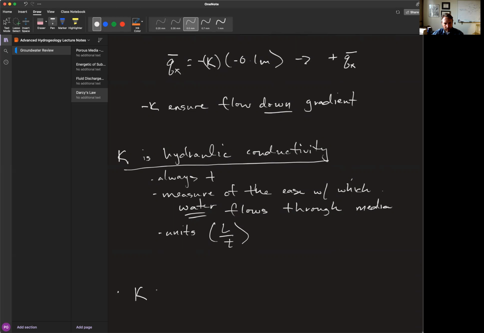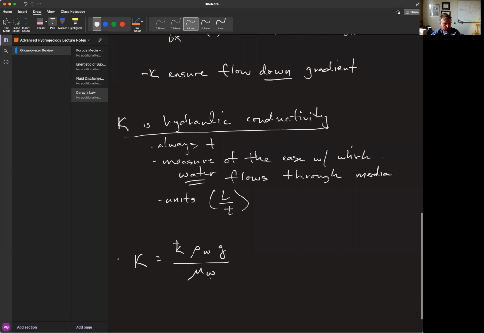K is equal to little k, we'll define it in a sec, rho water, g, which have the standard definitions, over mu sub water. And I'll define everything new that we haven't discussed here.